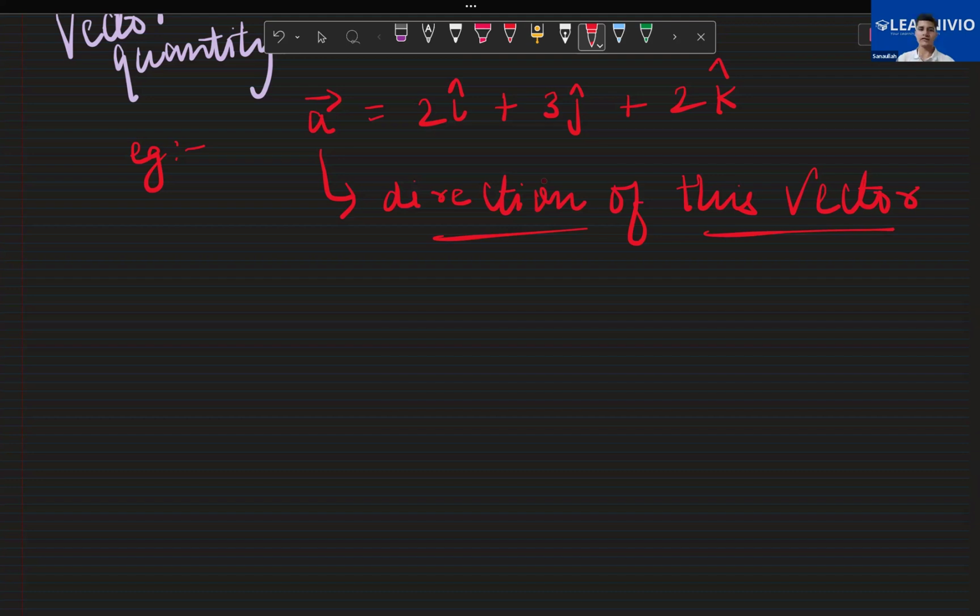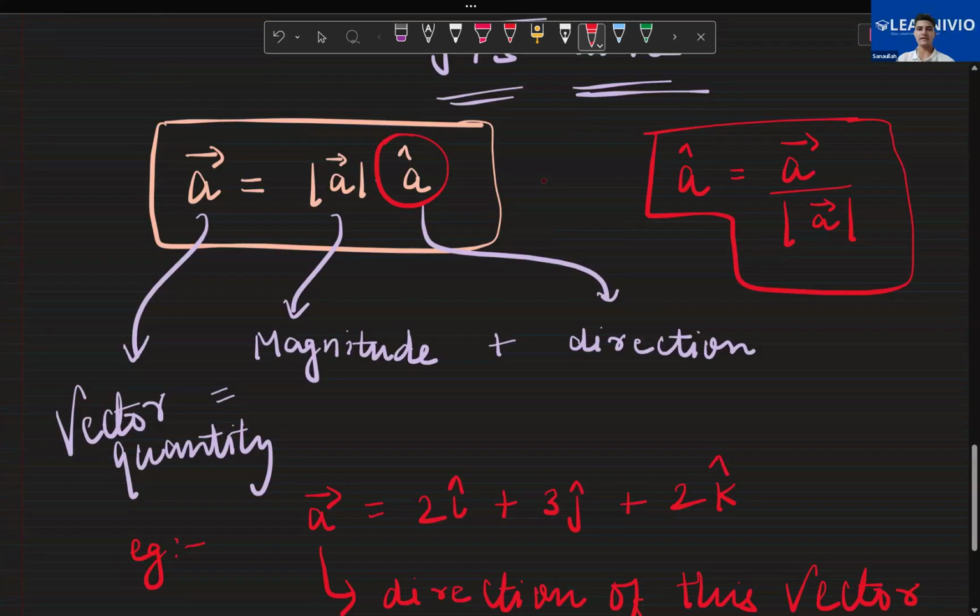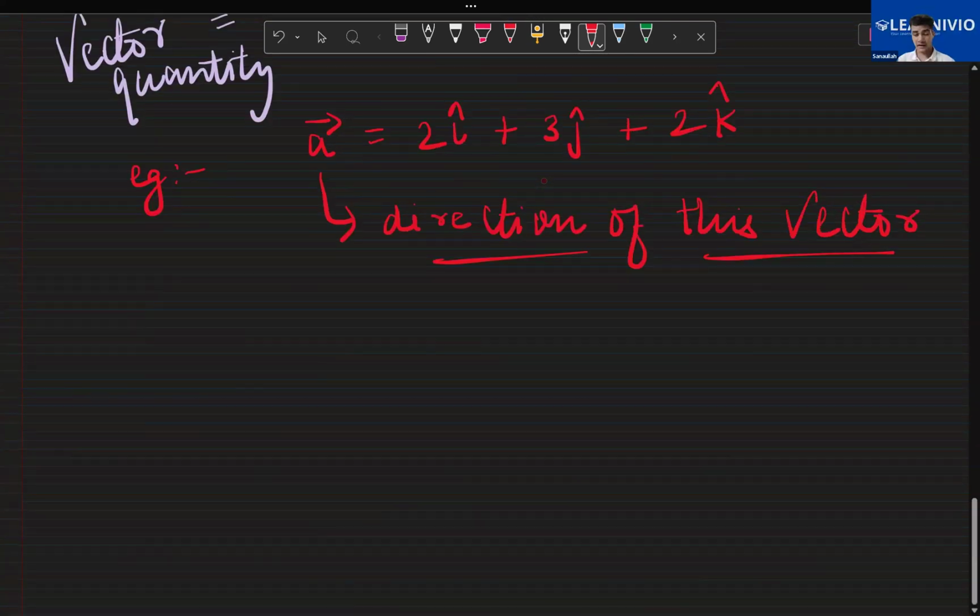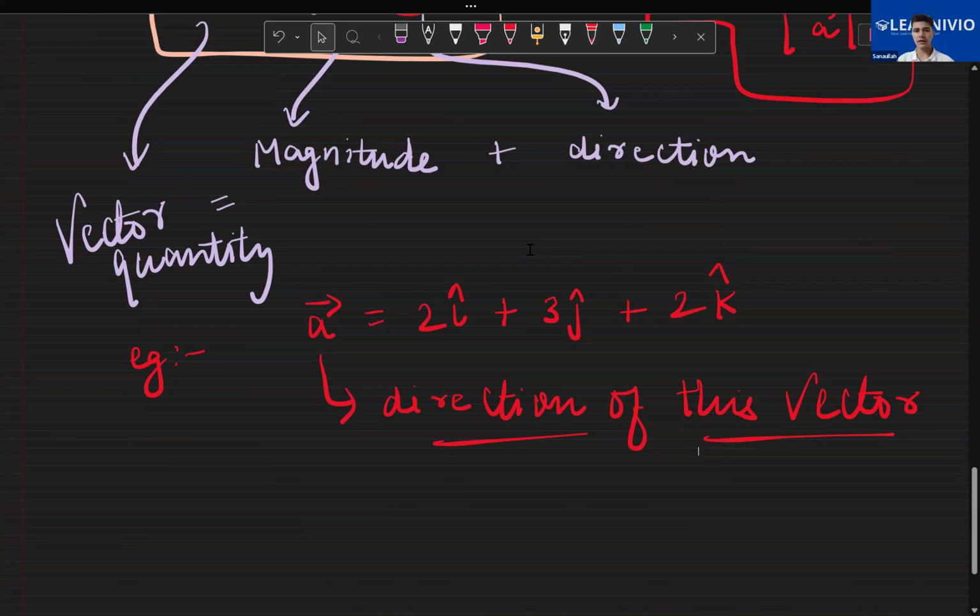In the above examples, we already learned how to calculate the magnitude. I hope that you can find the direction of this vector. Eventually, you have to find the magnitude also, because that will be used in this formula. All right, do this question and tell me.